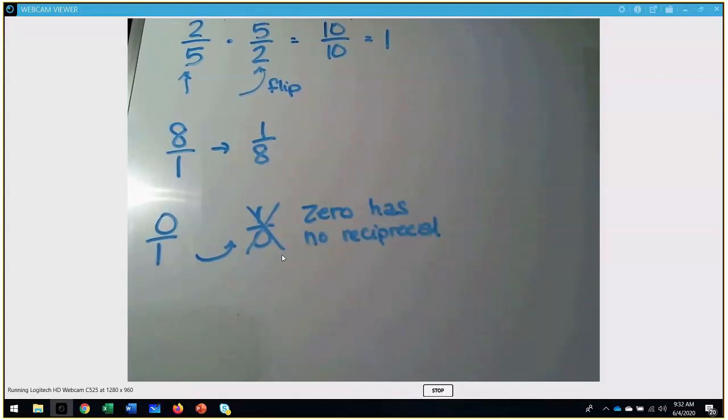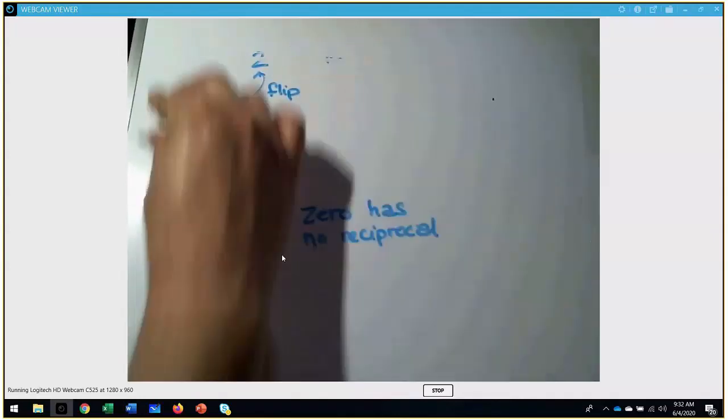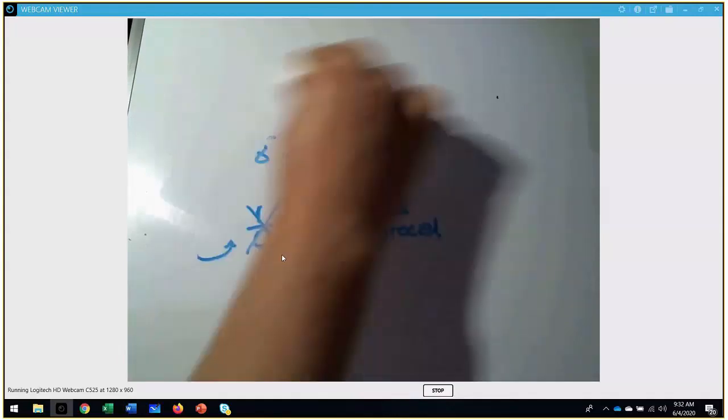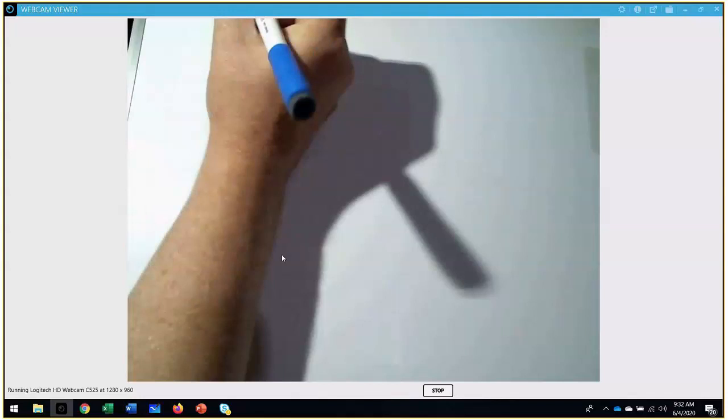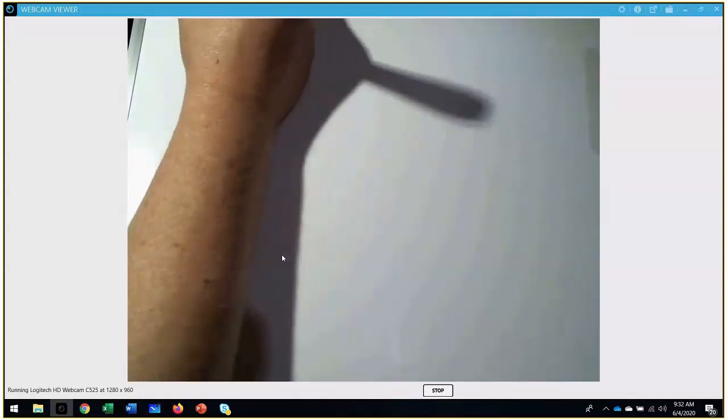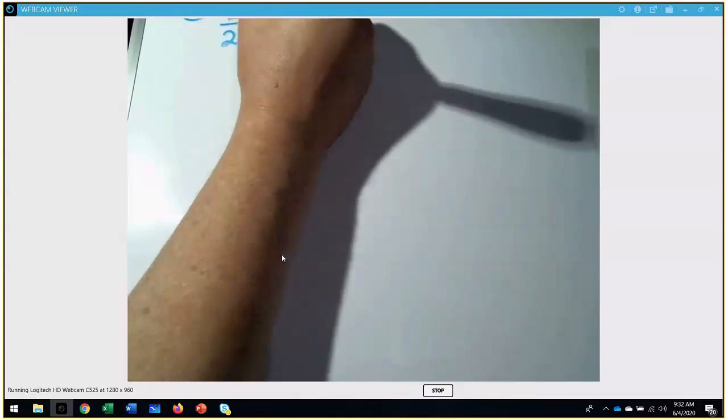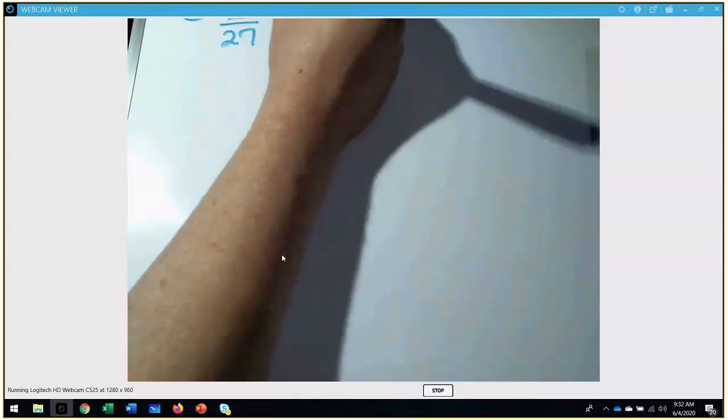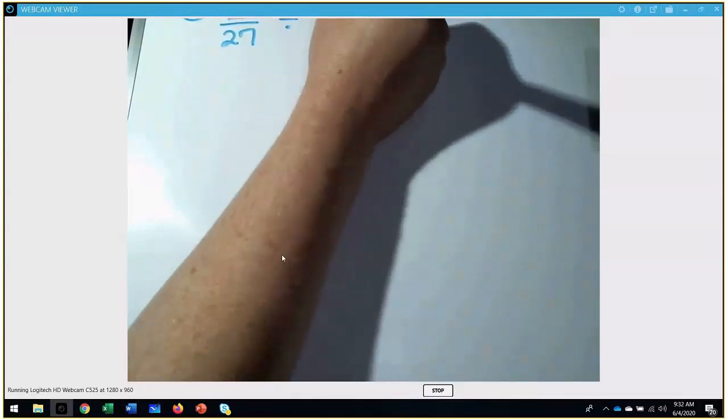All right, so let's go through the steps for dividing, now that we know what that is. I'm going to put the problem here and we'll go through the steps with the problem. Here's the first one on the notes page.